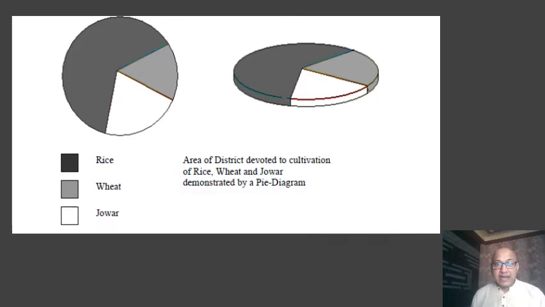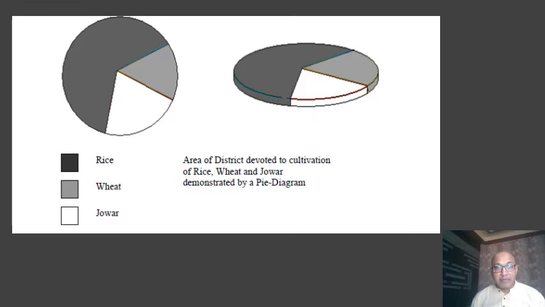When statistical data are given for a number of categories, and we are interested in their comparison in a manner that reveals the contribution of each category to the total, pie diagrams are very useful in effectively displaying the data.